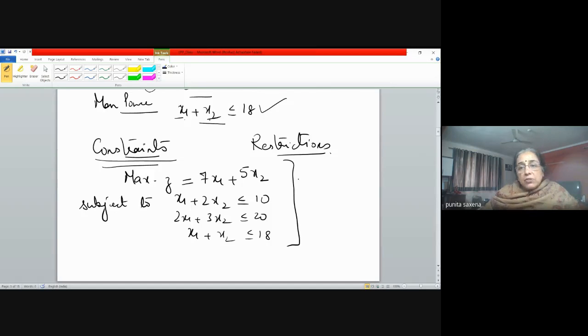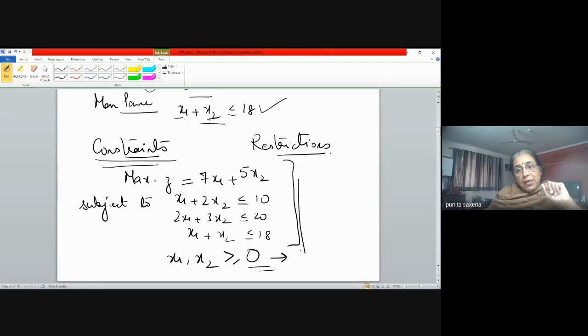So while solving this problem, I impose a restriction and say that my x1 and x2 have to be more than or equal to 0. At most they can be 0, but they cannot be negative. Now, this restriction was not given to me by the decision maker. I have imposed it to reduce my effort of finding a solution.